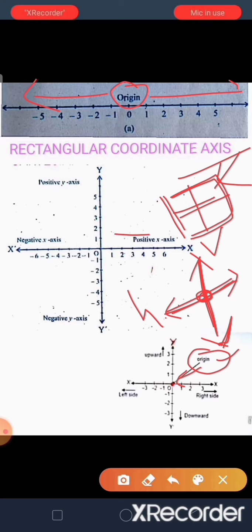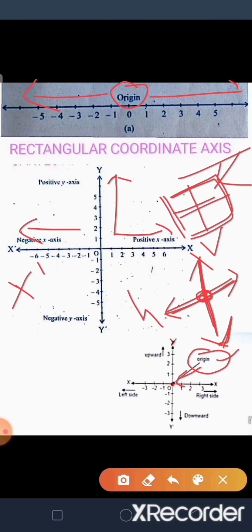From 0 to the left we get the x-axis in the negative direction, so we say x dash. And last, from 0 downward, it is also the y direction but negative, so we say y dash direction.